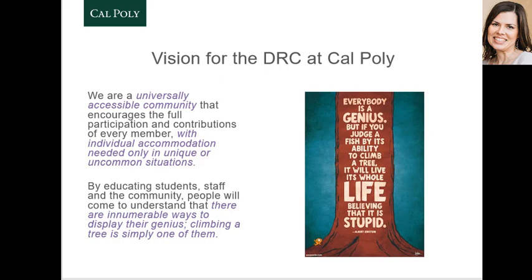So our vision is to be a universally accessible community that encourages the full participation and contributions of every member with individual accommodations needed only in unique or uncommon situations. By educating students, staff, and the community, people will come to understand that there are innumerable ways to display their genius. Climbing a tree is simply one of them.